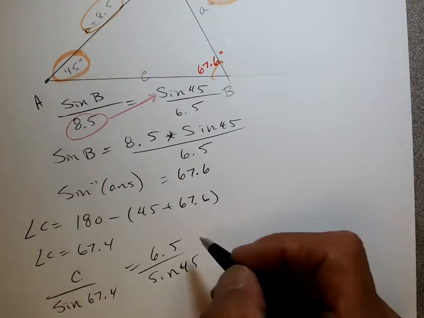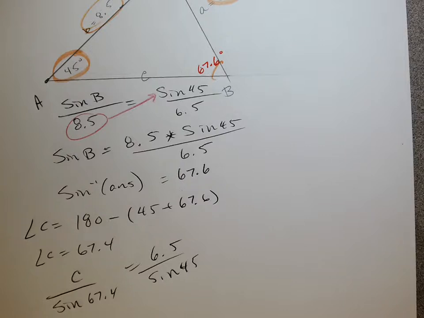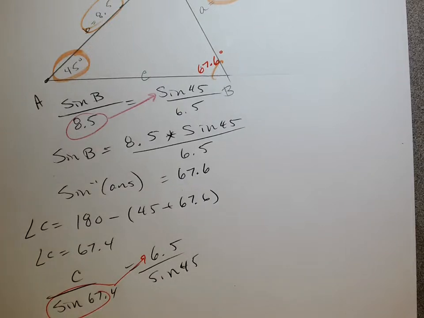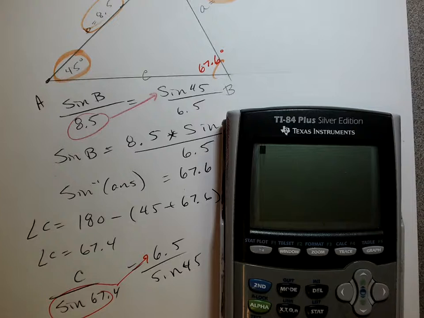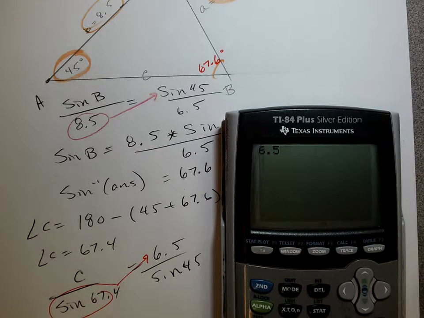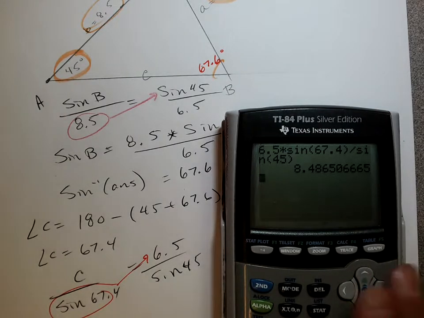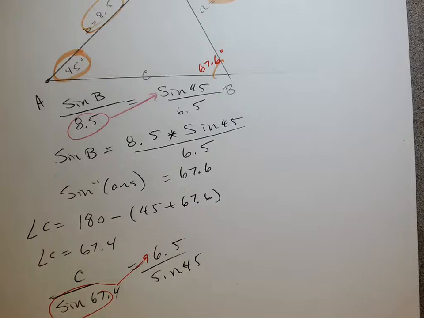I like the law of sines. It's easy, huh? Again, we'll cross multiply this up here, and we'll use our calculator. Clear. I can go 6.5 times sine of 67.4 divided by sine of 45, and I get an answer of about 8.5.